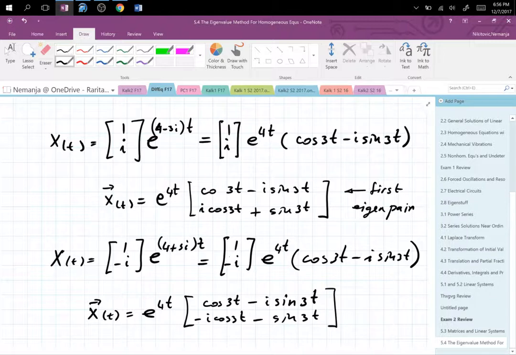You said divide, did you mean multiply? Multiply, yeah, if I said divide, sorry. We're multiplying each row with this. So this is the second one.